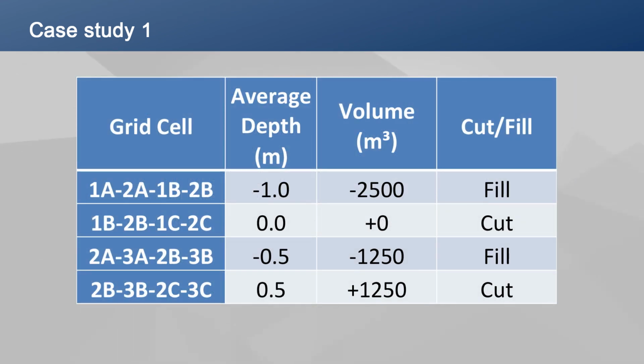Now, if we summarize the earthwork volume by tabulating the result for each grid cell, we can summarize like this. For grid cell number 1, 1A, 2A, 1B, 2B, average depth of cutting or filling is minus 1, means 1 meter filling. Volume is minus 2500 cubic meter, means 2500 cubic meter filling is required.